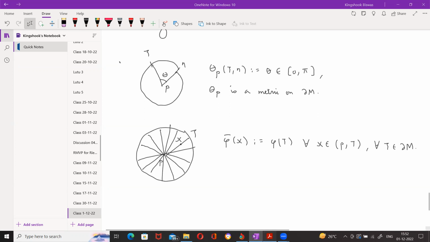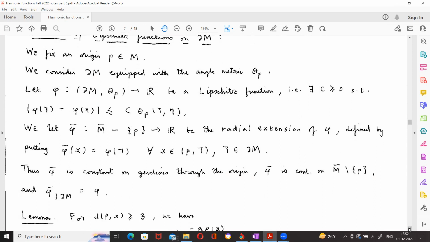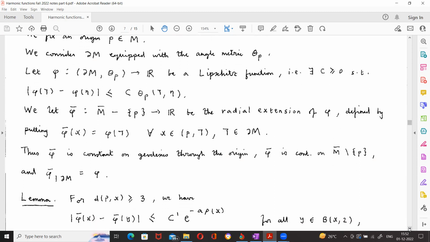And this function is not smooth in general, right? Phi is just some Lipschitz function on the boundary, and this will not be a smooth function. So what we want to do is take a smoothing of this. If we were in R^n, we could take a smoothing by convolution.